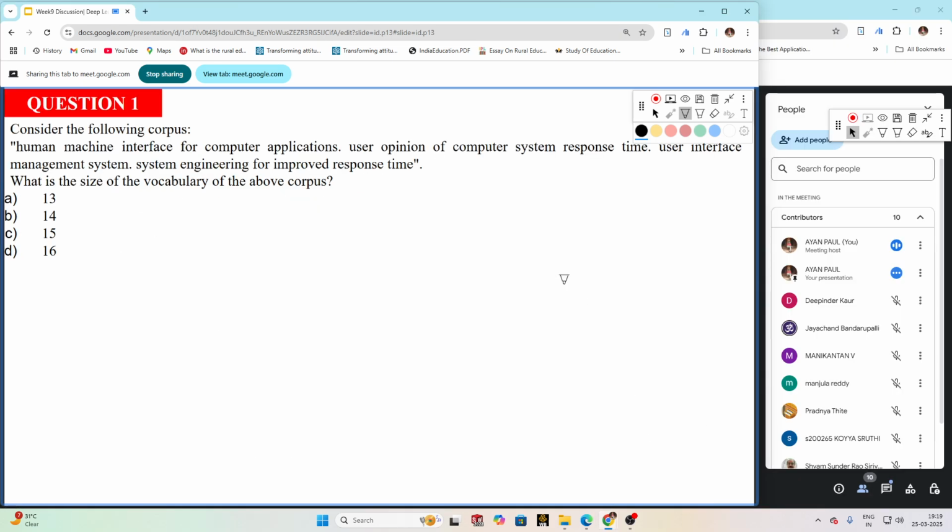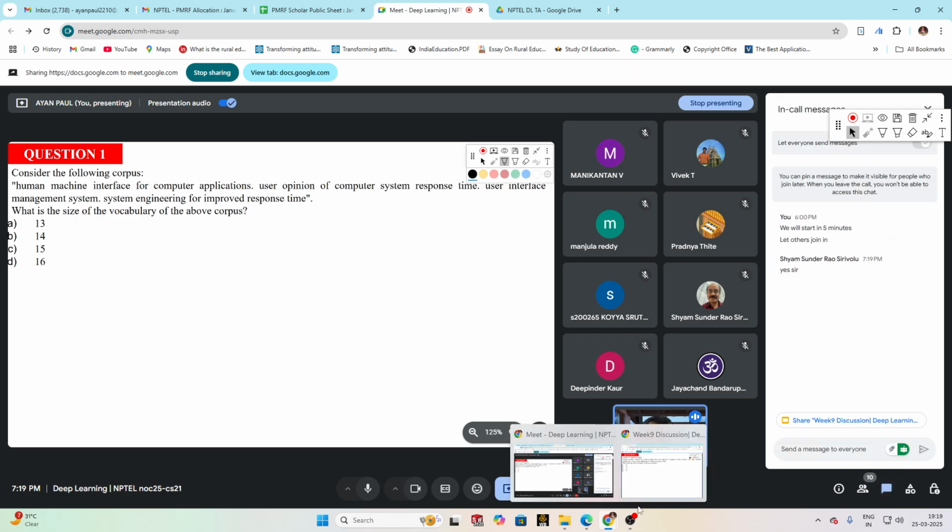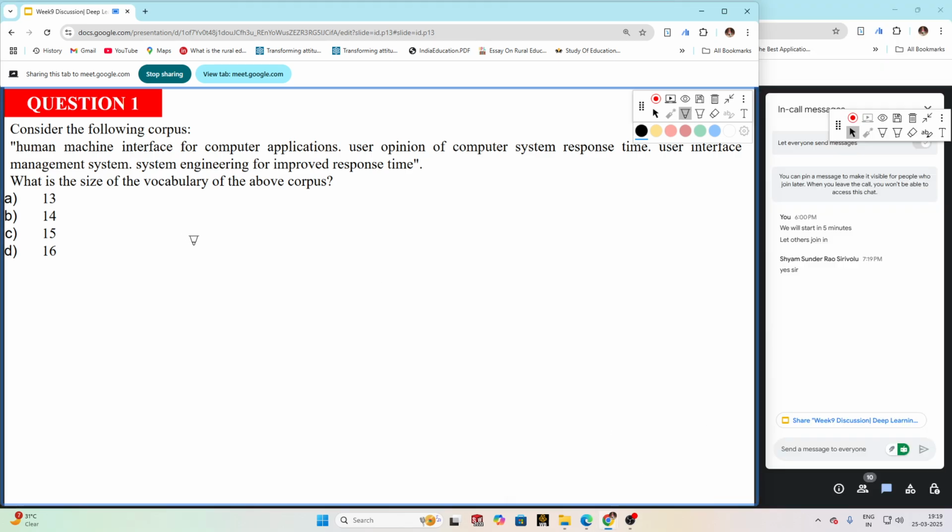So with this we will do our question answers. This is the first question. Again I will request everyone to guess the answer first, and then we will discuss it. Consider the following corpus: human-machine interface for computer applications, user opinion of computer system response time, user interface management system, system engineering for improved response time.